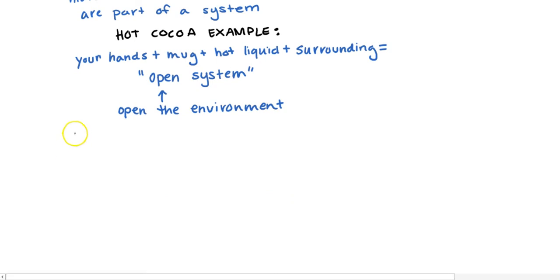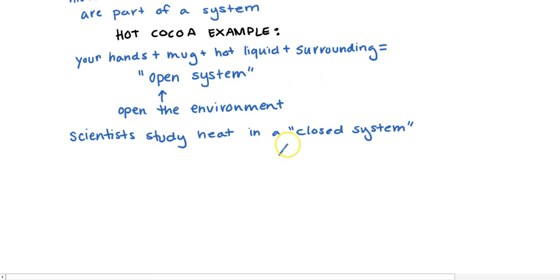When scientists study heat transfer, they try to work in a closed system. In a closed system, it's not influenced by the environment, and we know that that's not really realistic because in real life everything is influenced by its surroundings.